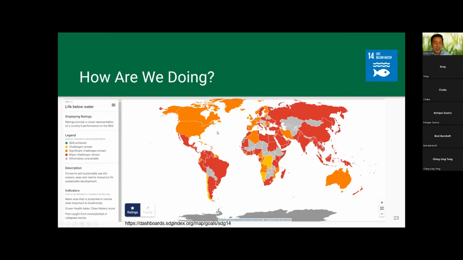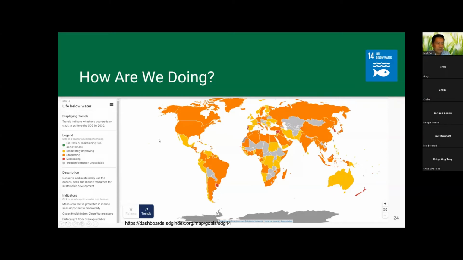But otherwise, you see a lot of red. Major challenges remain to preserving the seas and oceans. Or it's orange, significant challenges. And unless I'm mistaken, you don't see a single green area. No country has achieved their SDG target.